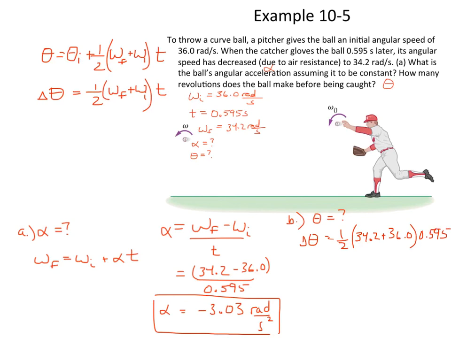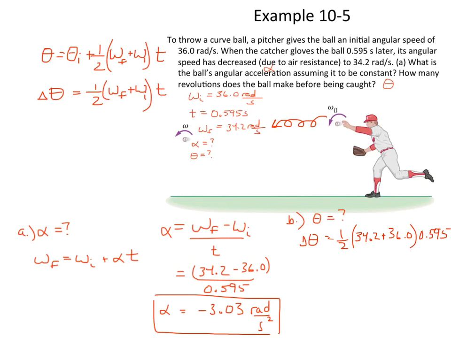Let's find out what the total angular displacement was, how many radians that ball actually spun through by the time it decreased to that final angular velocity.